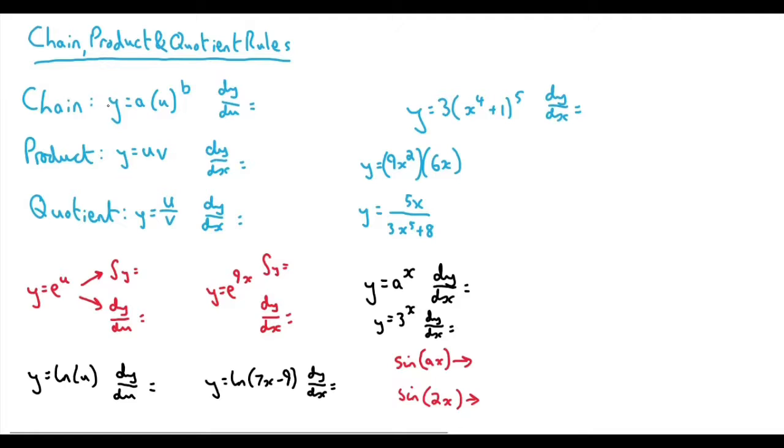Now for the chain rule, first of all, this is where y is going to equal some constant times an x expression that's in brackets. I'm just using u here rather than x to represent an entire expression, like x to the power 4 plus 1, like we have over here on the right, and then to a given power of b.